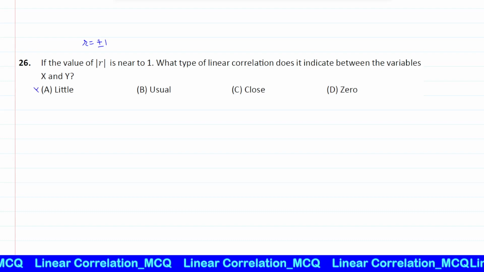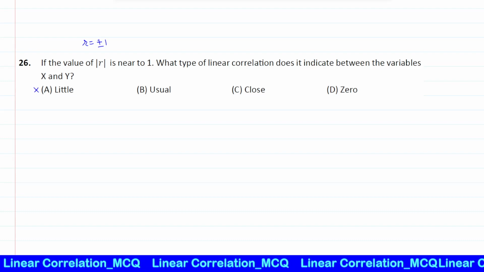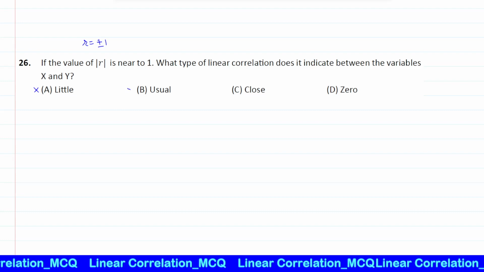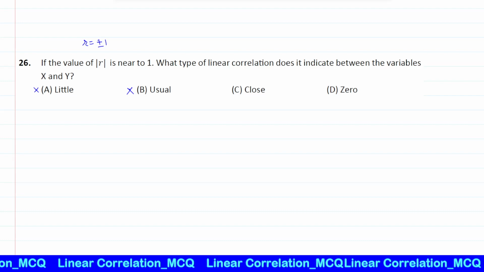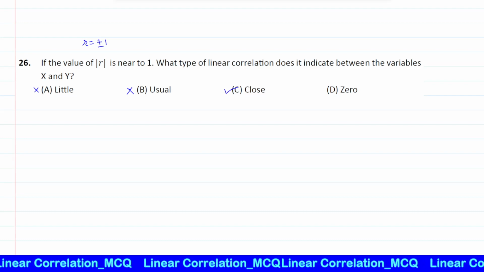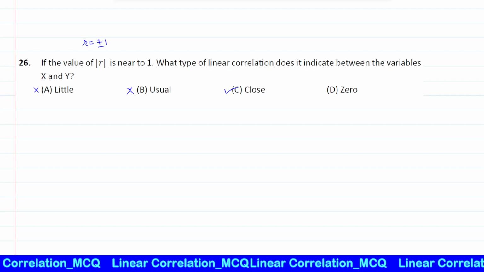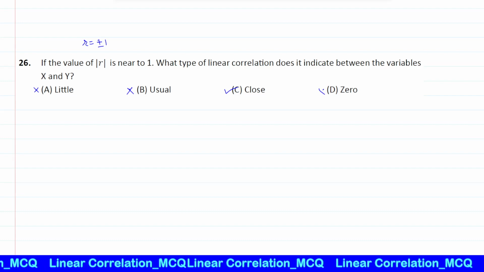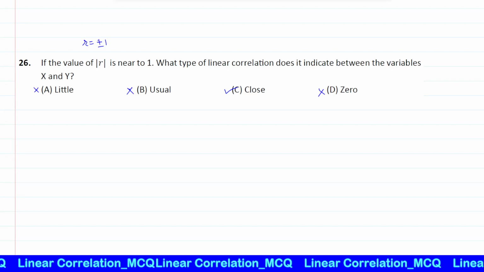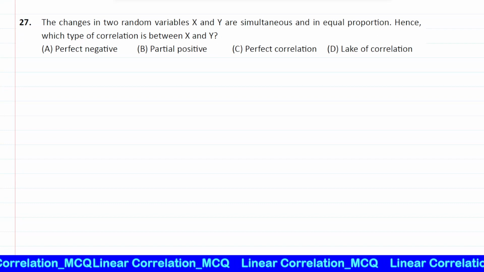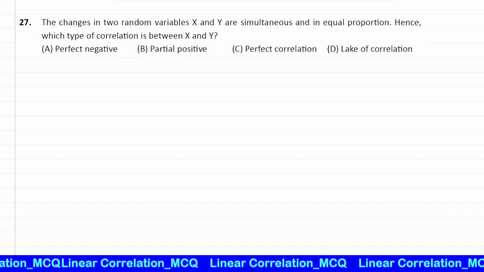If R is near to 0, then there is little correlation between two variables. Option B, usual correlation, is not possible. Close correlation means there is a close relation between two variables. So option C is correct, and option D is not possible because if R equals 0, it is called lack of correlation.